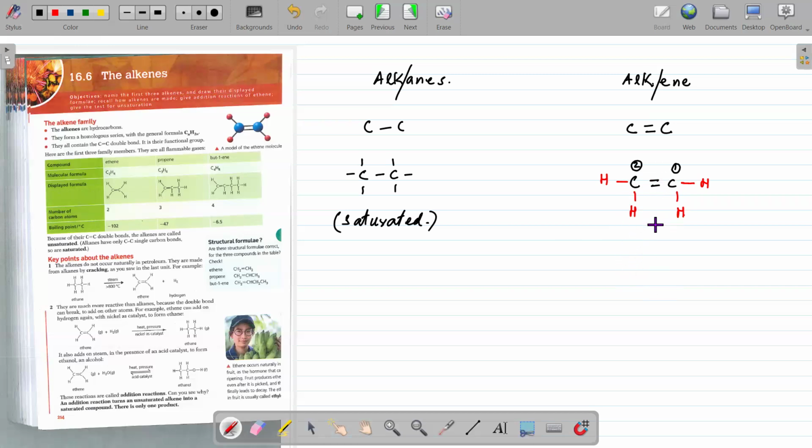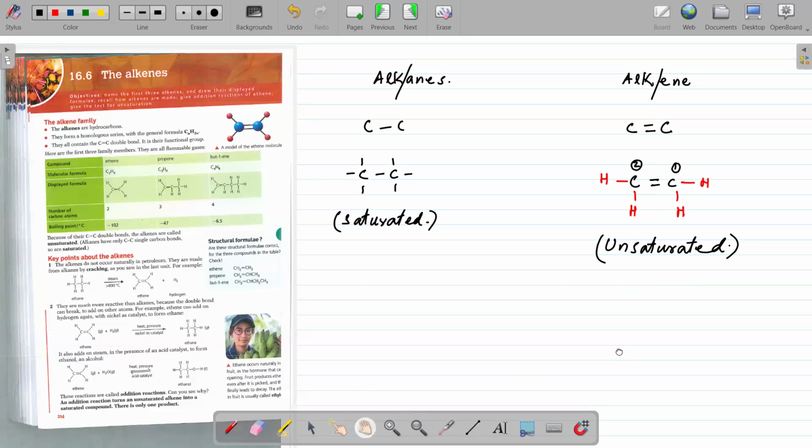So these types of compounds which have a carbon-carbon double bond are called unsaturated hydrocarbons. All those compounds which have a carbon-carbon double bond at any point are known as unsaturated hydrocarbons, because if any one of the carbons is not making four single bonds, as we saw in saturated hydrocarbons, they are unsaturated hydrocarbons.